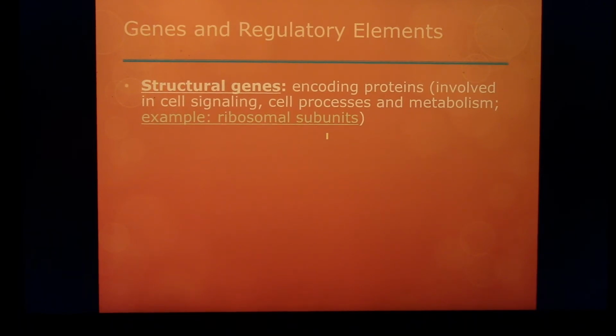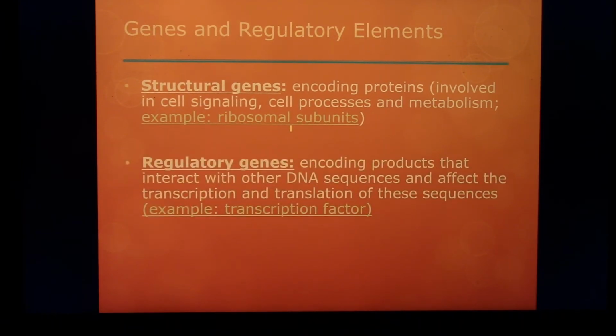So the protein portion of your ribosome is made from a structural gene. Prokaryotes also have ribosomes, so they're going to have those structural genes as well. Then there's another variety of gene called the regulatory genes, and they encode products that interact with other DNA sequences.